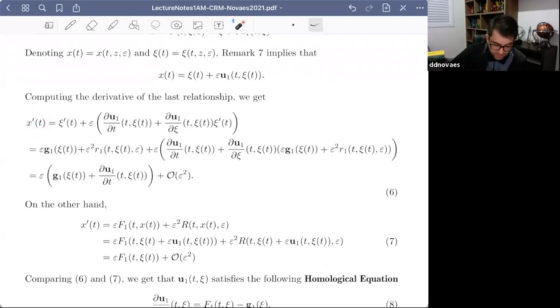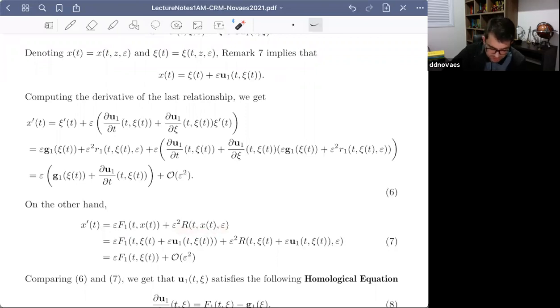So this is the derivative of x on one hand. On the other hand, we know that x is a solution of the original differential equation 1, so we can compute its derivative using the standard form. The derivative of x is equal to epsilon multiplied by f1(t, x(t)) plus the remainder.